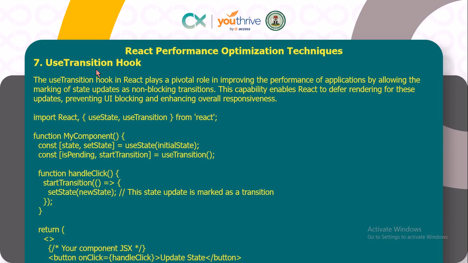The explanation says the useTransition Hook in React plays a pivotal role in improving the performance of applications by allowing the marking of states as non-blocking transition. So the states that we do not use as transition are the non-blocking ones. Then the ones that we use there can wait until there is space, then it will show. So let's do that.